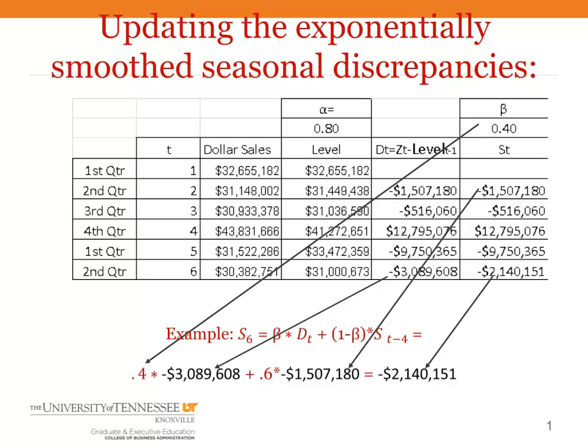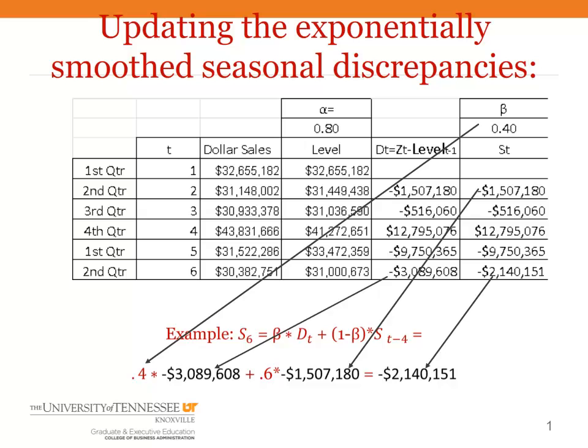And then I'm going to take 1 minus 0.4, or 0.6, and multiply that times the smooth value S sub t of the previous year, and that number is about a negative 1.5 million.